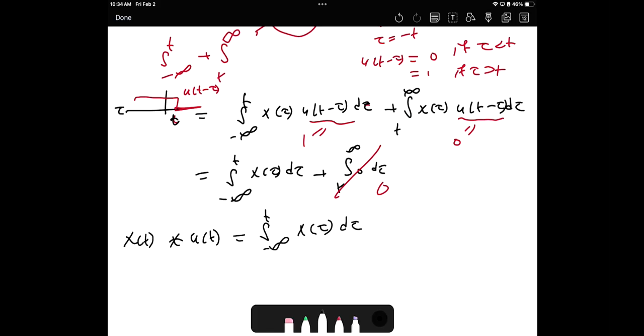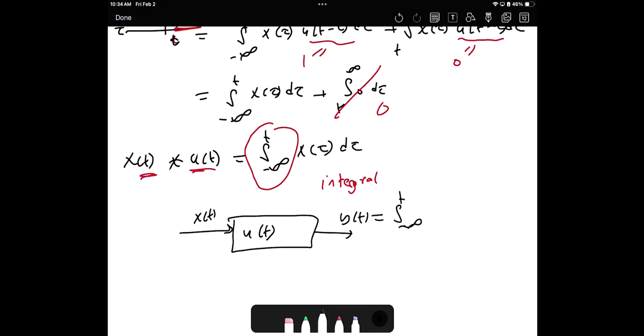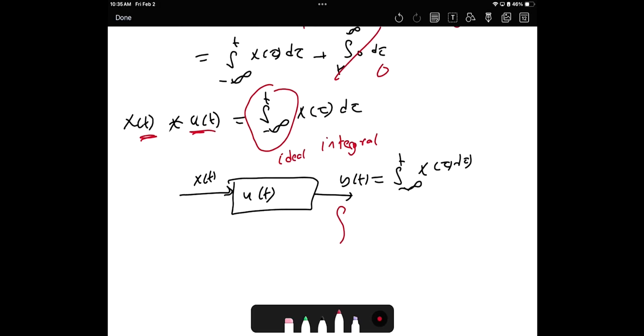The interesting result is that convolution with u of t makes it an integral. So whenever you convolve x of t with u of t, this gives you y of t, the integral from negative infinity to t of x of tau, d tau. It is like an ideal integral. So this means you are making the integral, and you know the integral symbol.